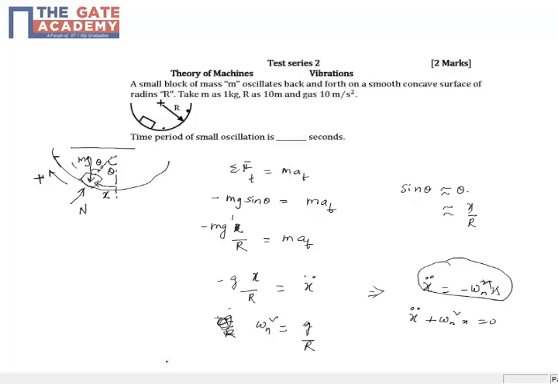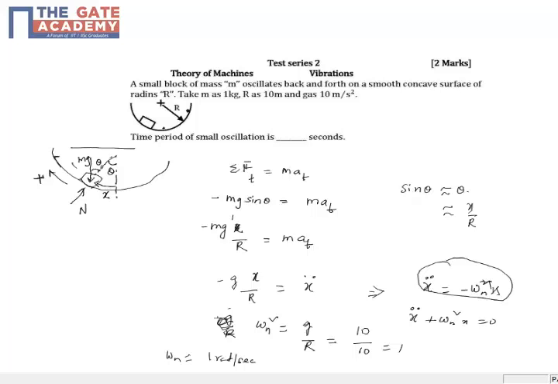Once we get omega n square, you can get the time. So let's find omega n. Here g is 10 and r is 10, so omega n square is 1, so omega n is 1 radian per second. And how do I get the time from omega n?